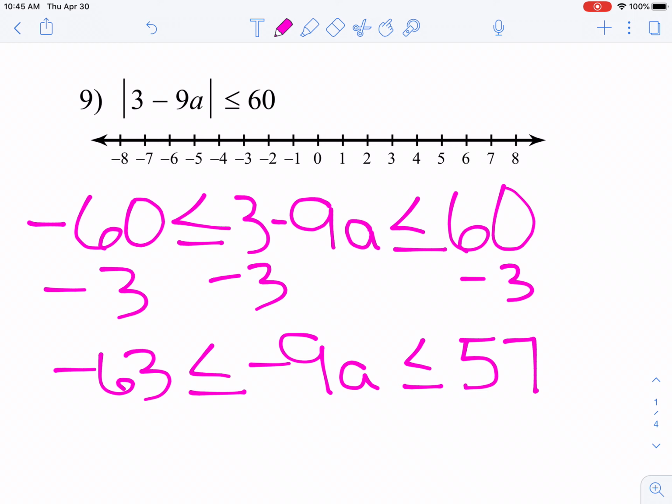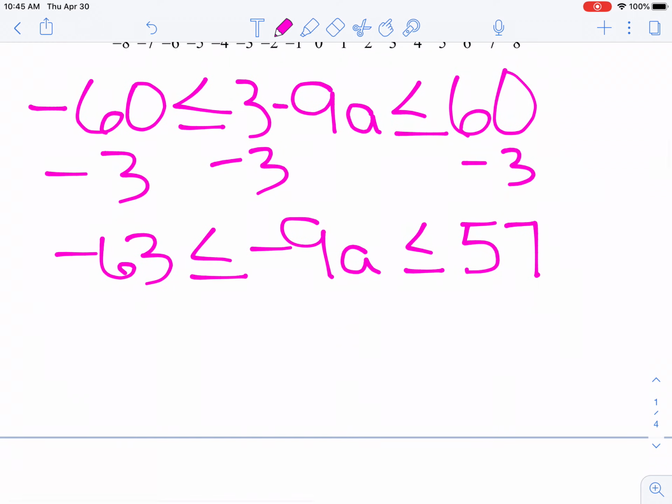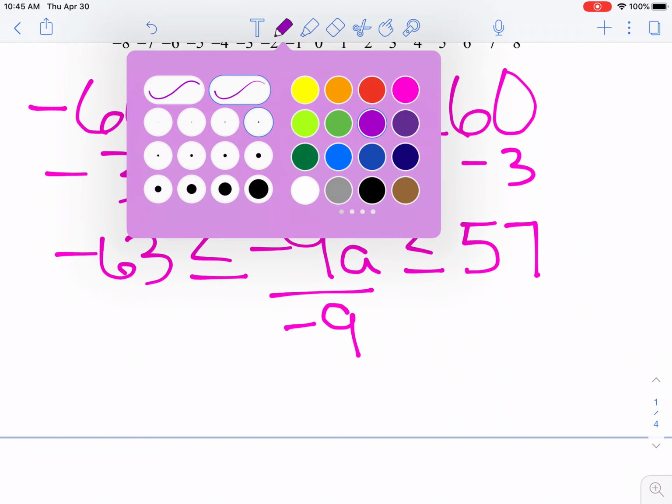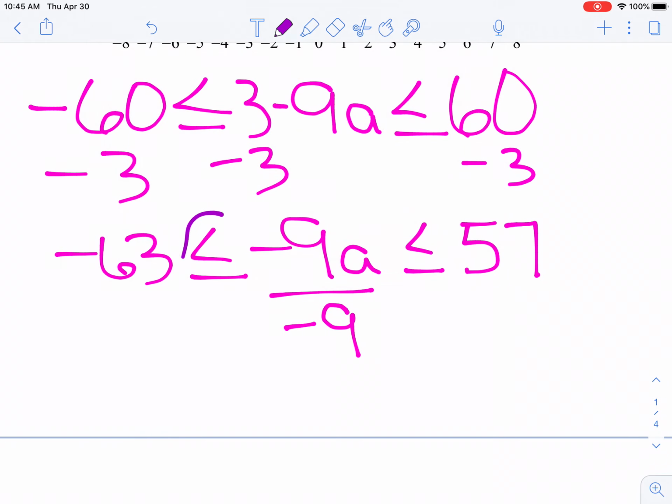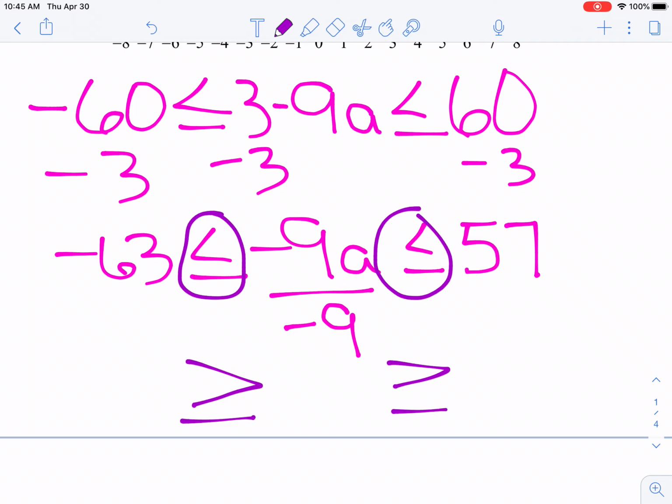And here's where it becomes tricky because I'm going to be dividing by a negative. When I divide by a negative, I need to switch the direction of these two inequality symbols. So now they're going to go the opposite direction. Okay, so I'm left with a in the middle.